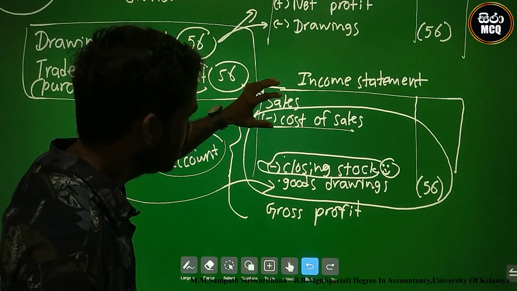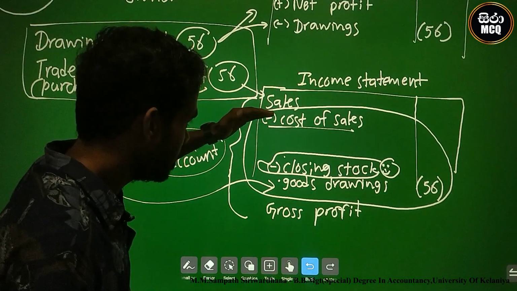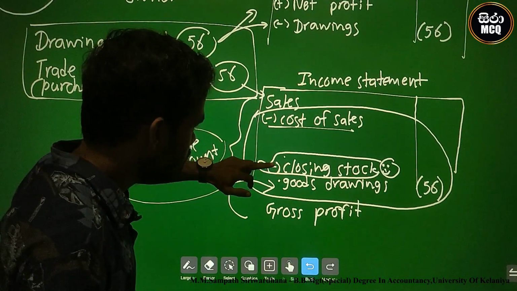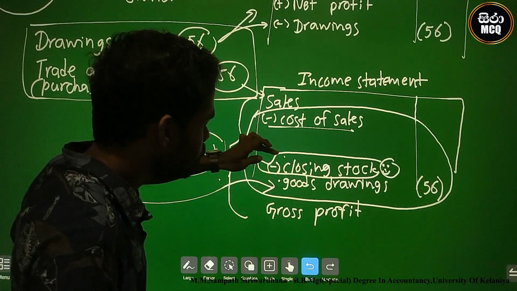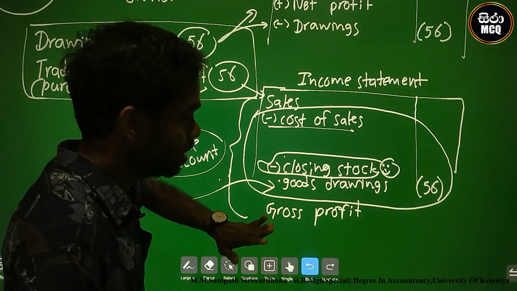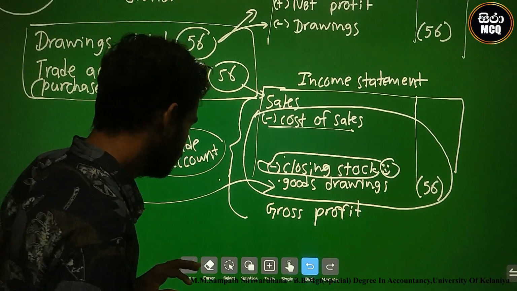Look here, at the income statement preparation, cost of sales. At the cost of sales point, the closing stock and goods drawings are line by line. There is an impact to cost of sales.